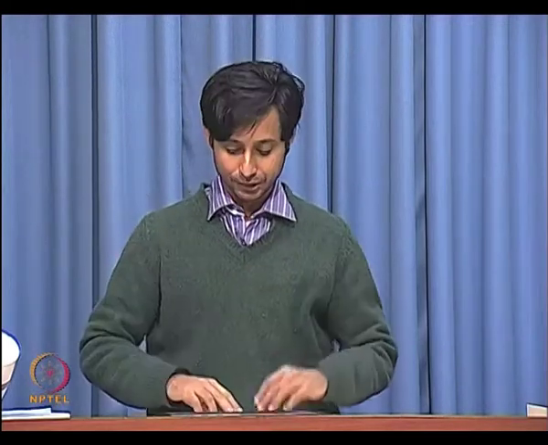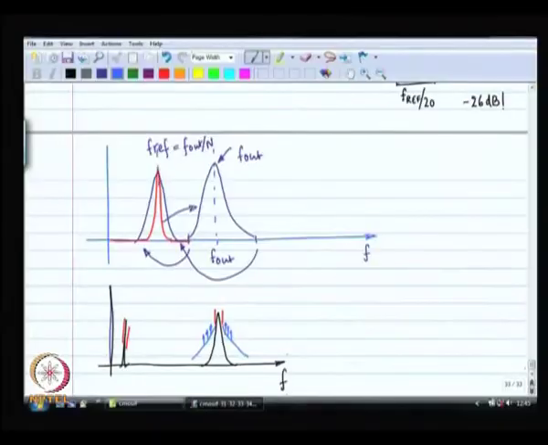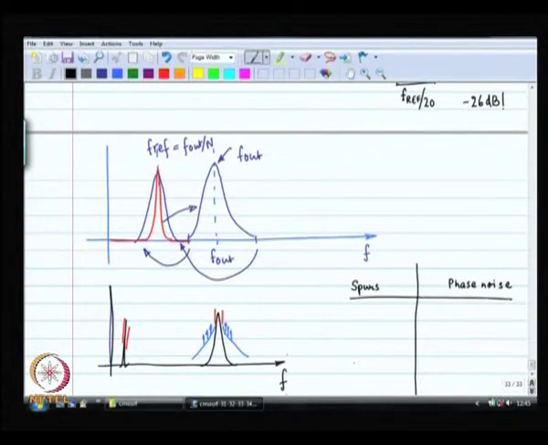So, these are the trade offs. What about settling time?